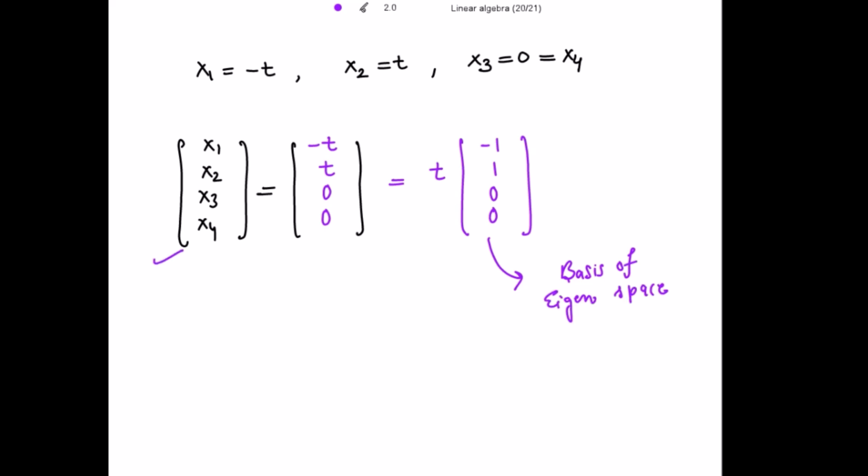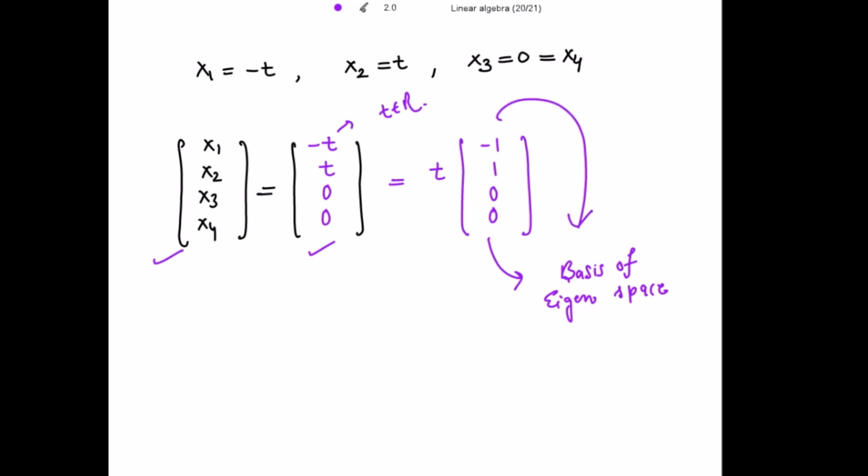This is the eigenvector. You have got this to be your eigenvector, and you can take t to be of any value. t belongs to the set of real numbers, right? So this is the form of the eigenvector. You can give any value to t, and when taking t outside, this becomes the basis for the eigenspace.